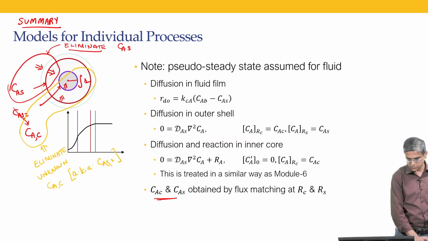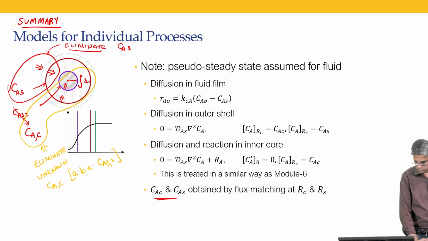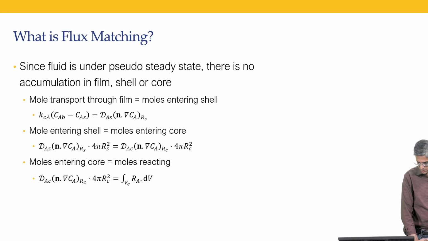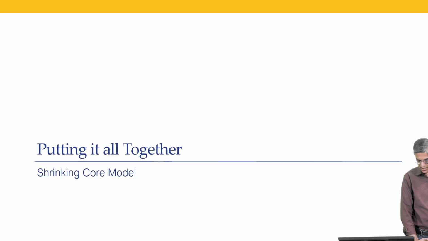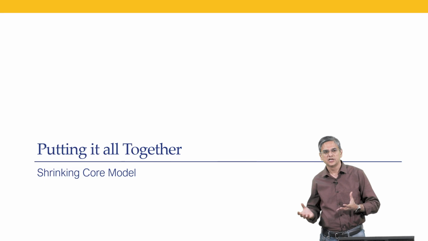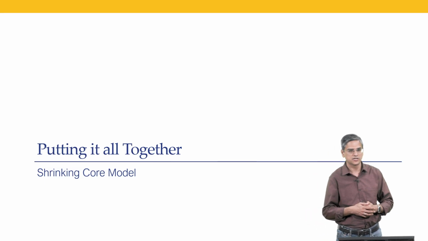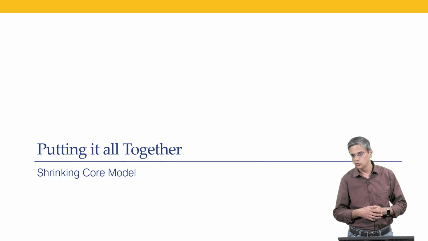Okay, so this is what we had done last week, and then we talked about flux matching, where we need to get rid of basically the concentrations, which is CAC or CAS and CAS2 and so on. And the way we do that, and that came to one of the questions that one of you had asked, is if you have a slab, what is the net rate of reaction in terms of moles per time equal to?